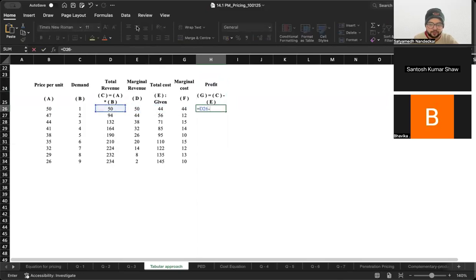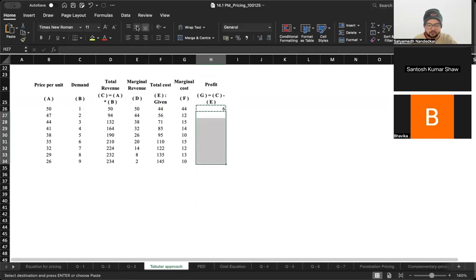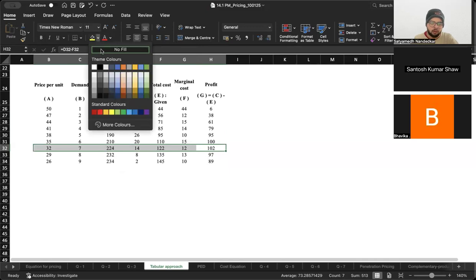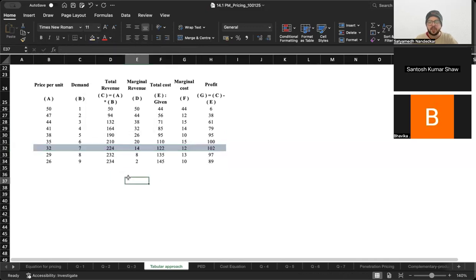Total revenue minus total cost. Now tell me, when is profit the highest? If you observe carefully, profit is highest at 102, this row. This is where my profit is the highest.